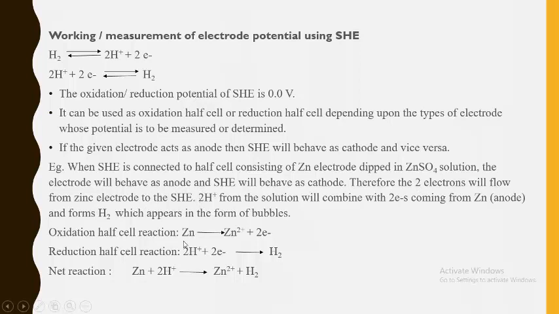The 2 electrons released during the oxidation reaction in the oxidation half cell will flow from the zinc electrode to the SHE, and the 2H plus from the solution will combine with the 2 electrons coming from the zinc and form the hydrogen gas, which appears in the form of bubbles. And this is the net reaction. If we cancel the 2 electrons, you will have zinc plus 2H plus giving Zn2 plus and H2. Now looking at this one, we can also write the cell notation from the cell reaction.